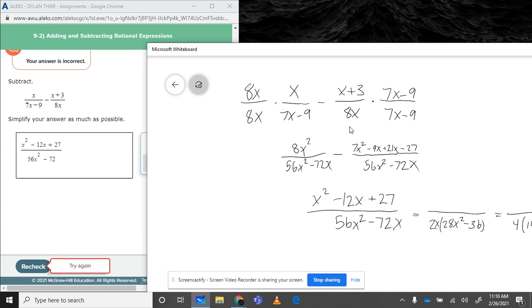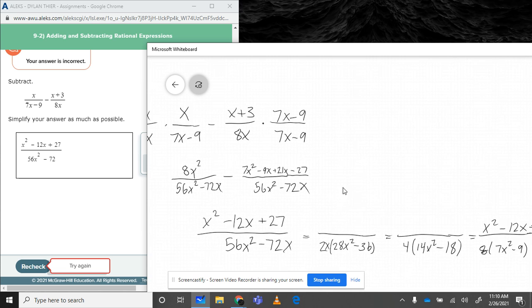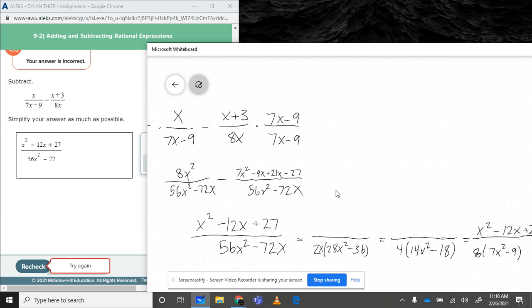Up here, let's just make sure this all works. 7x squared, negative 9x, 21x, and negative 27. Those two come together to make 8x squared minus 7x squared, was that one. These two, maybe that should have been a plus.